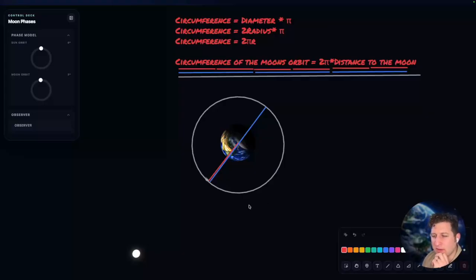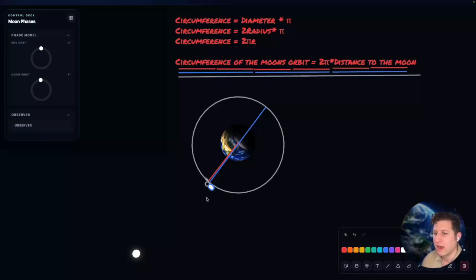And so he thinks to himself, what if I draw little circles representing the moon? And what if I can figure out the diameter, which is just the distance across the moon? If you were to measure how big the moon is across, what would that be? And what if I stacked a bunch of moons one after the other?